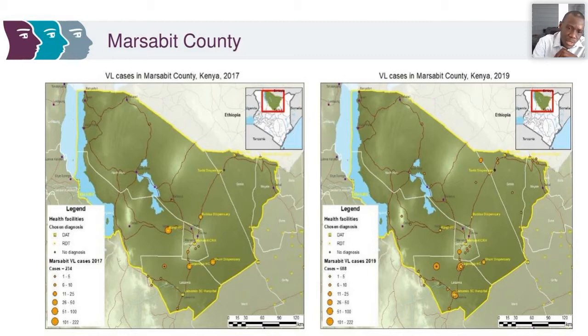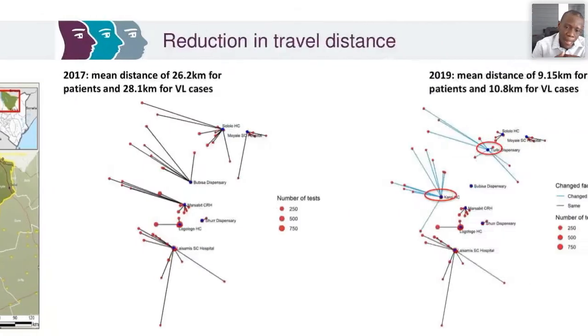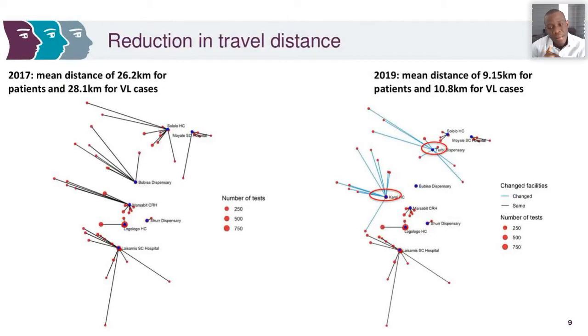What you see here is the distribution of cases in the 2 epidemics in 2017 and 2019. By mapping the communities and mapping the health facilities, we are able to trace which communities report to which facilities and how that can be used to improve the decision on placing diagnostics.